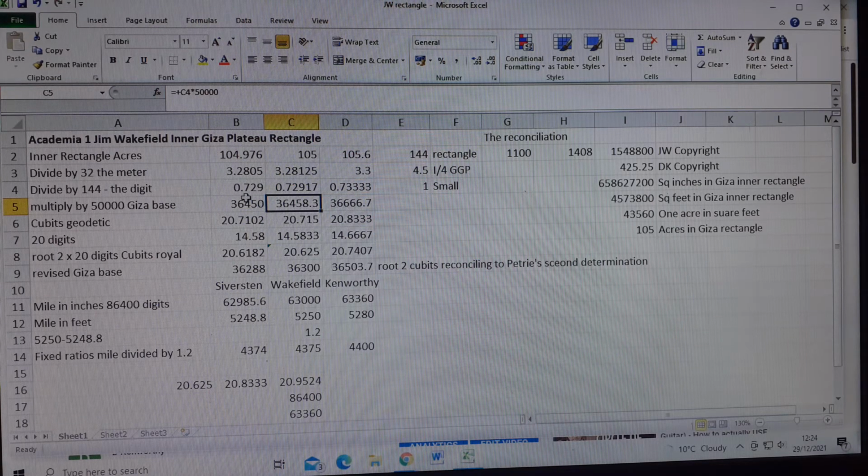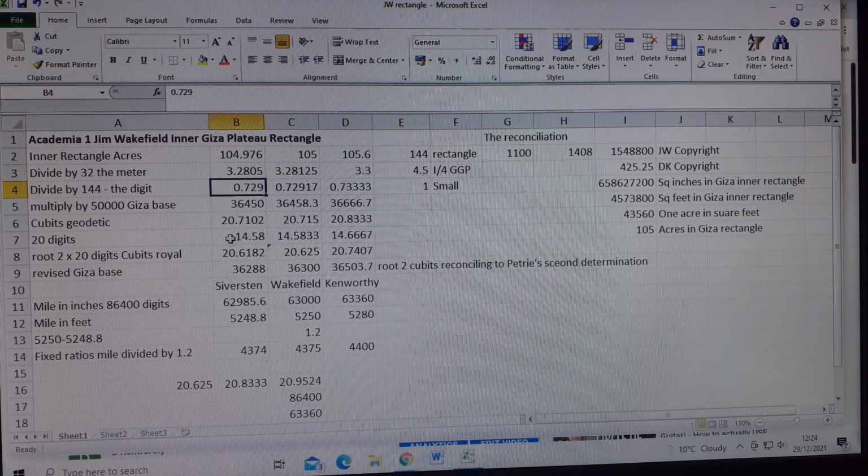Now, to get to Harry's column, this one, we're using 0.729. So we can work that back up to here, and we get 104.976 acres. Divide that by 32, we get 3.2805 as the metre that's working with this column.